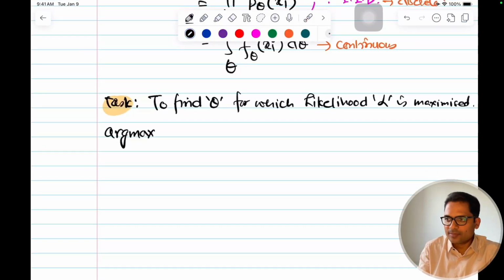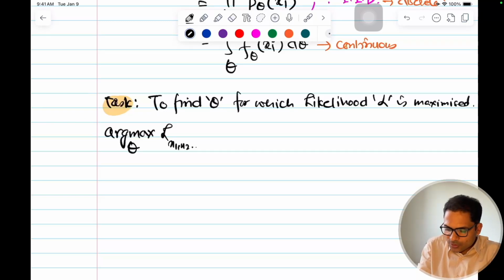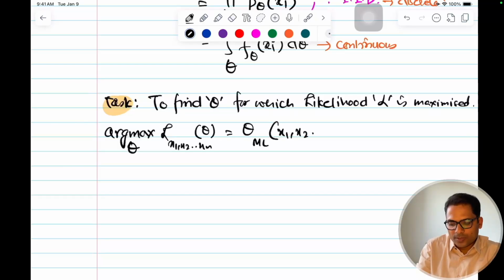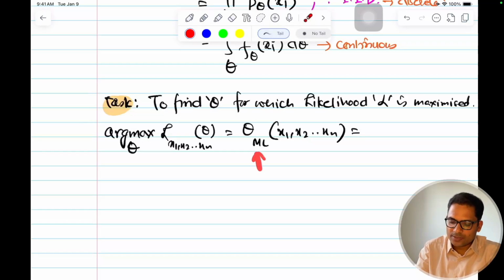Argmax. How do we write it? Let me write it technically. Argmax over theta of L of x1, x2, ..., xn, theta is equal to theta ML, the maximum likelihood estimate. These are just symbols that you should know.